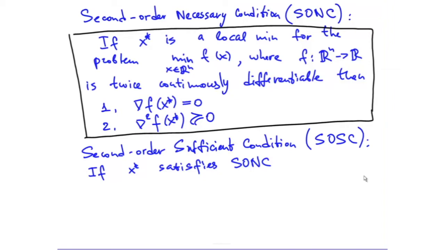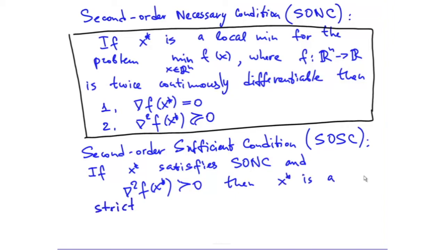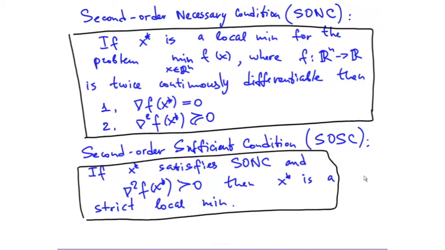So first, we check the second order necessary conditions to find out if x star is a candidate for a local minimizer, and then if it is, we check the following condition: if the Hessian of f at x star is not just positive semi-definite but positive definite, then x star is a strict local minimizer for our problem, the problem of minimizing f of x in Rn. Alright, so this is the second order sufficient condition.